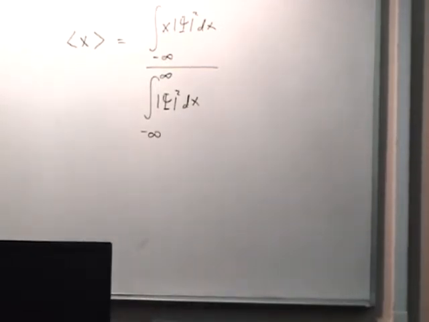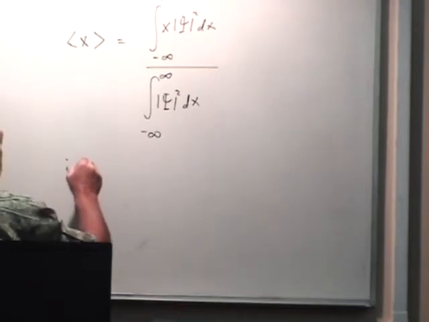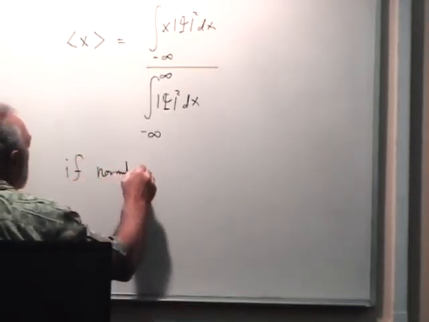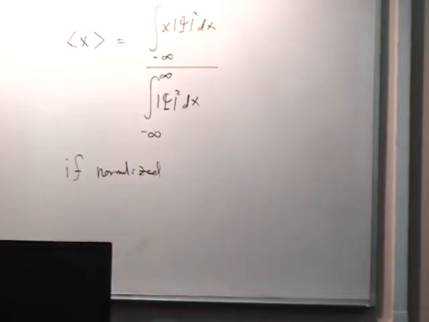Outstanding. We now have a way of making a prediction. Anybody notice, I'm sure you've noticed this, haven't you? If normalized, then what?